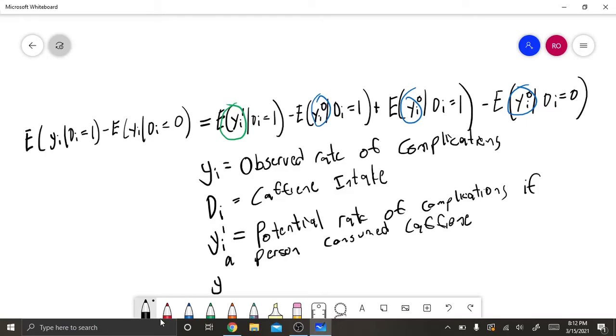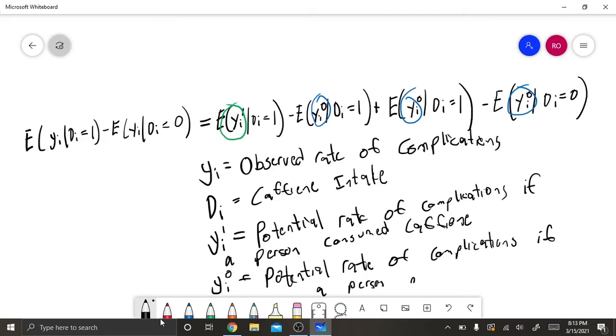And this is the potential rate of complications if a person abstained.